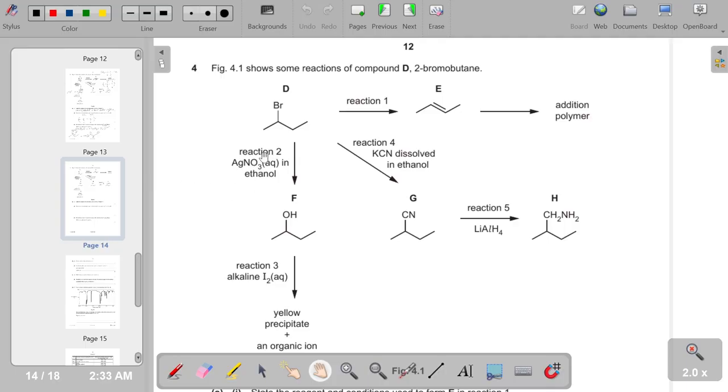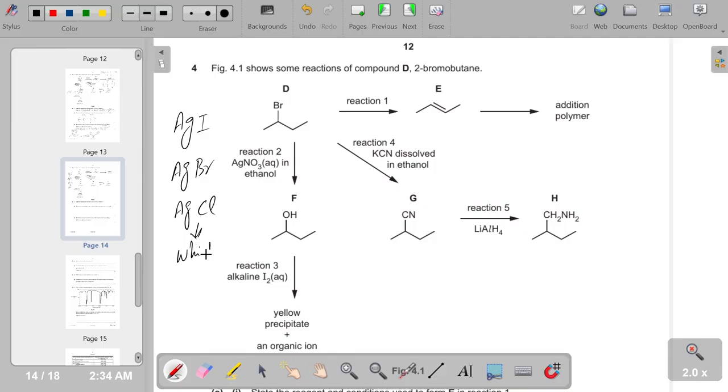So you have silver with bromine. Okay, I got my point. You know, silver iodide gives a yellow precipitate. Silver bromide gives a cream precipitate. Silver chloride gives, my bad, it gives white.